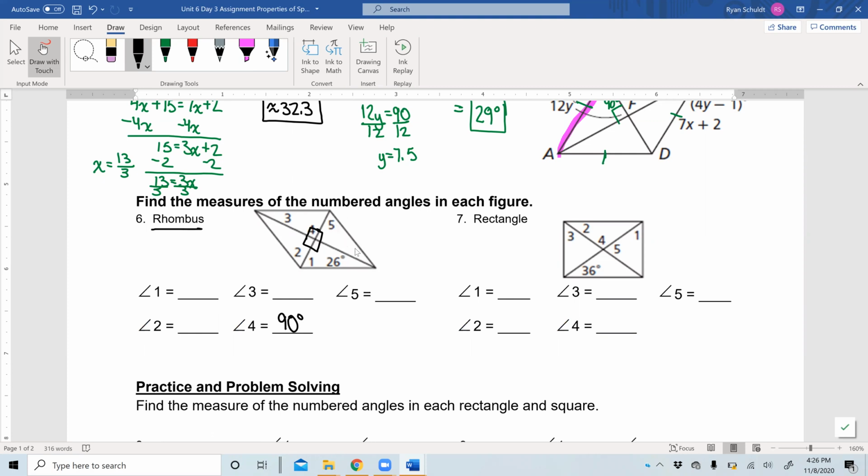We also know that not only are opposite angles congruent, but the diagonals bisect the opposite angles. So down here I have a 26. That means 3 has to be 26 degrees.